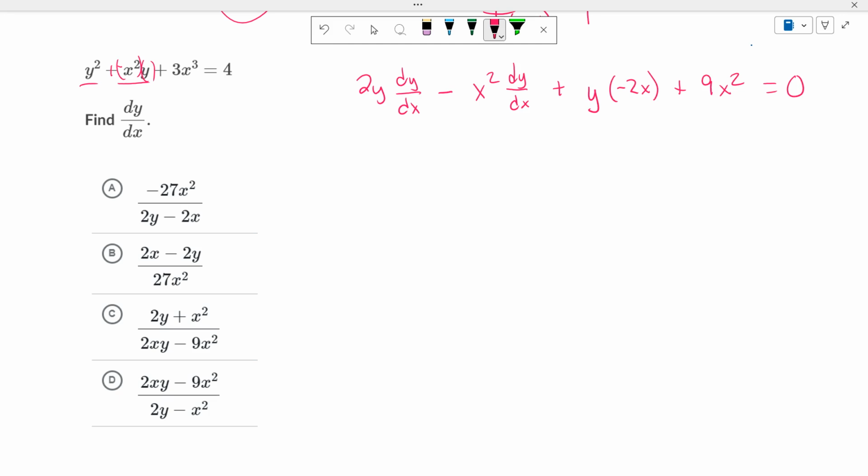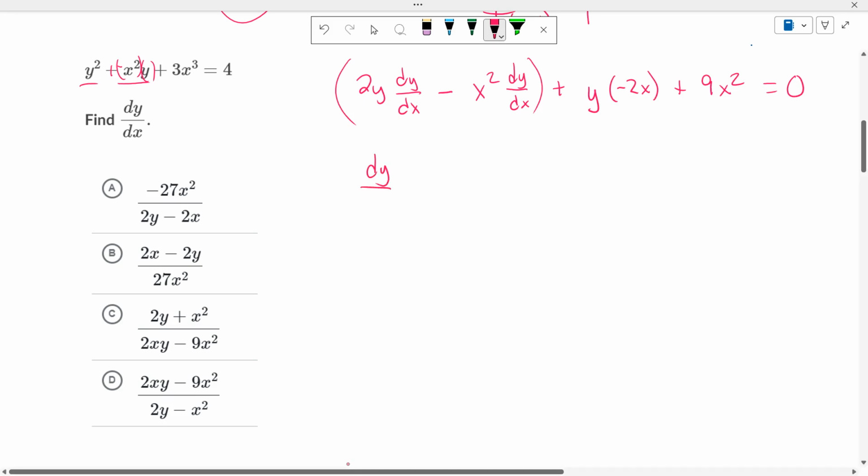Okay, so now what we need to do is get dy/dx alone on one side of the equation. So I'm going to take this stuff and put it together. I'm going to factor out the dy/dx out of just those two things. I get 2y minus x squared. I'm going to move these two things to the other side of the equation.